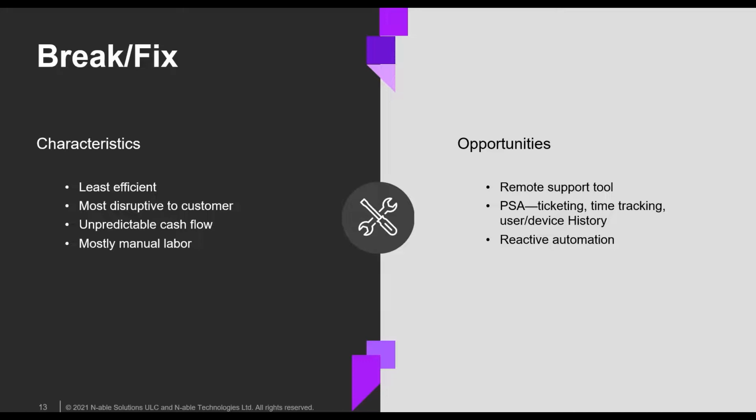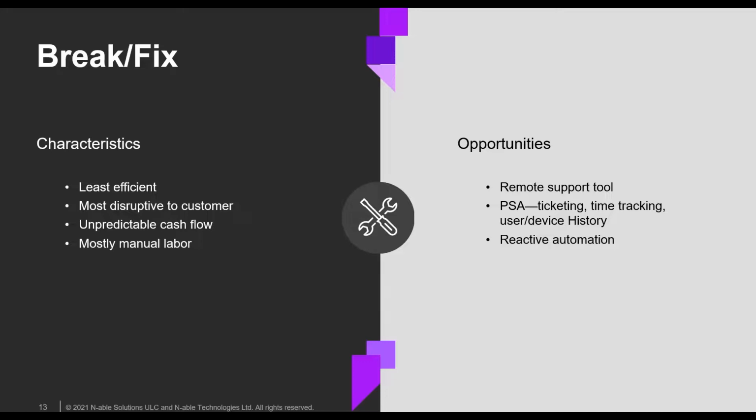So when we look at the characteristics of a break fix partner, where they are calling in on a ticket by ticket basis or a problem by problem basis, they are requesting on site work more often than not just because of sheer necessity, right? We see that these are our least efficient end users.